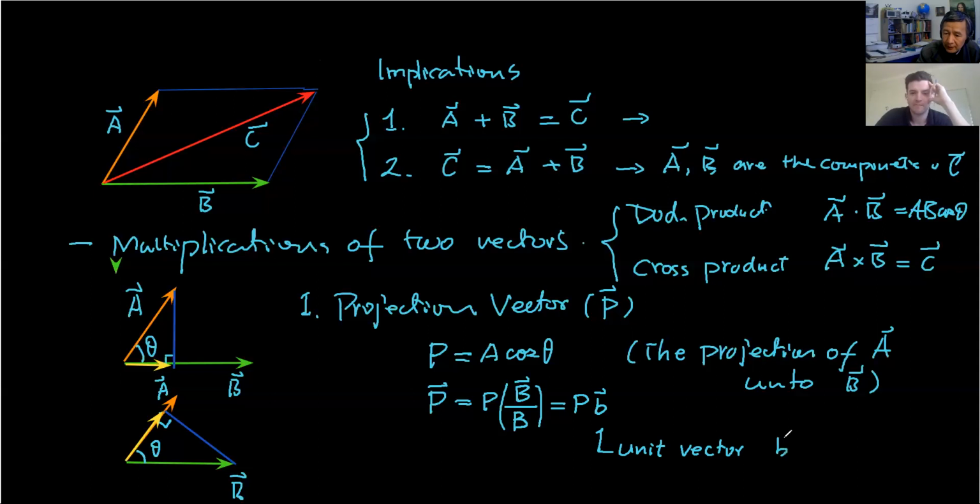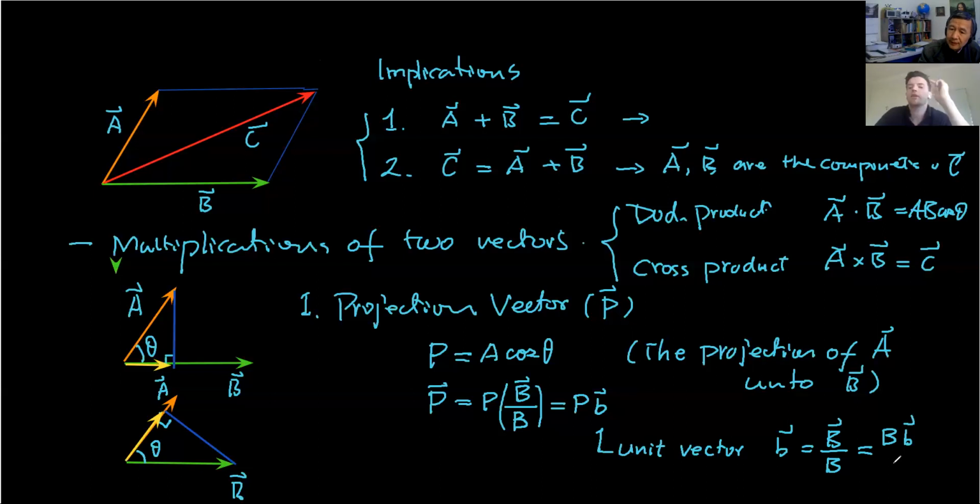Can we just say B is defined by the B vector divided by its magnitude? Right. Now there's another way to rewrite the B vector: B is just the scalar B, the length, multiplied by its direction.